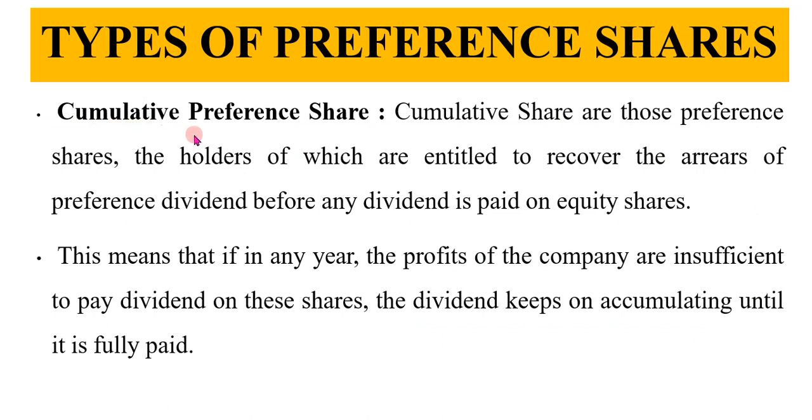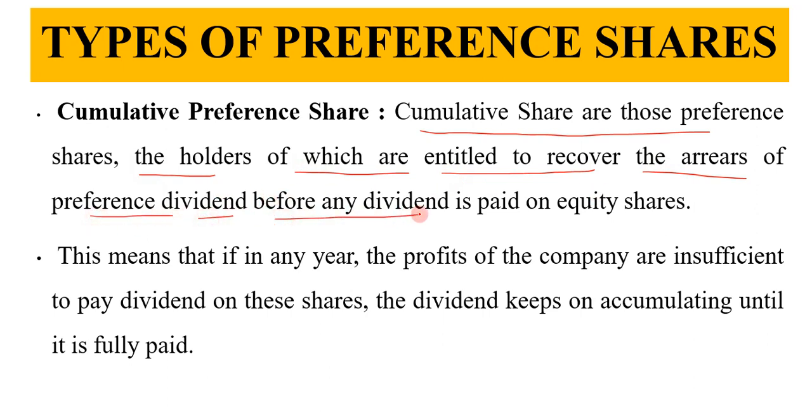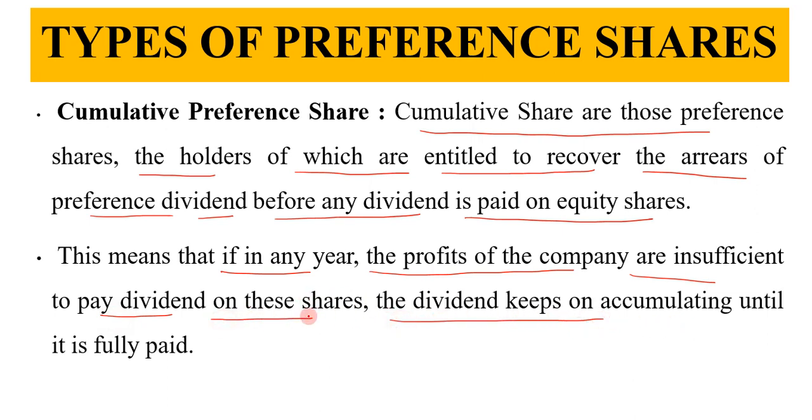Now what is the meaning of cumulative preference shares? See, cumulative preference shares are those shares the holders of which are entitled to receive the arrears of preference dividend before any dividend is paid on equity shares. What does it mean? It means if in any year the profit of the company are insufficient to pay the dividend on this share, the dividend keeps on accumulating until it is fully paid.